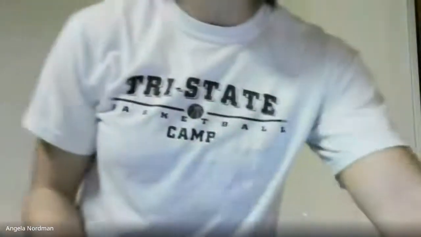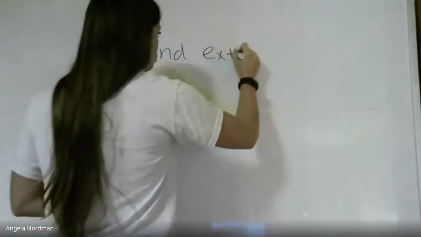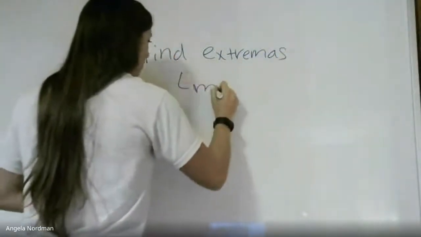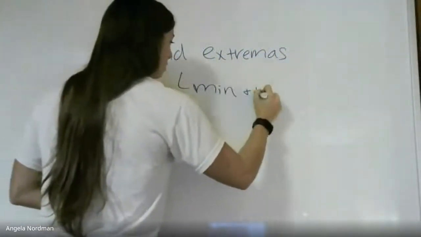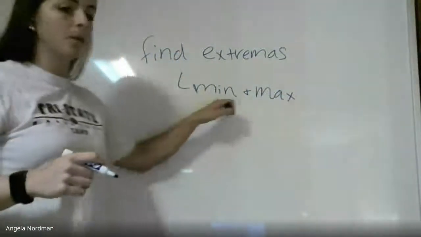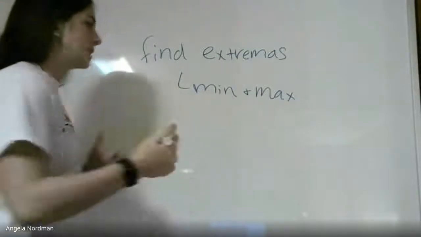So another thing that we like to find is minimums and maximums. What we also call these is extrema. So not only do we find minimums and maximums, which is super obvious, I would say.